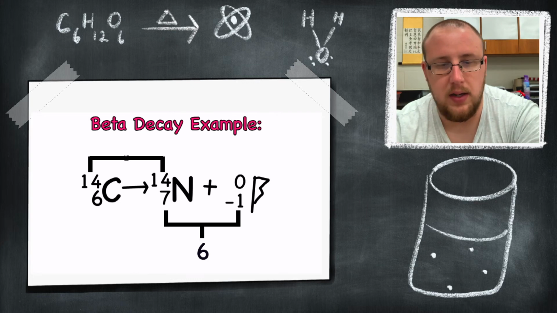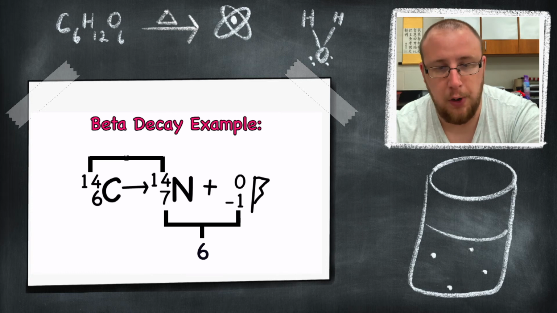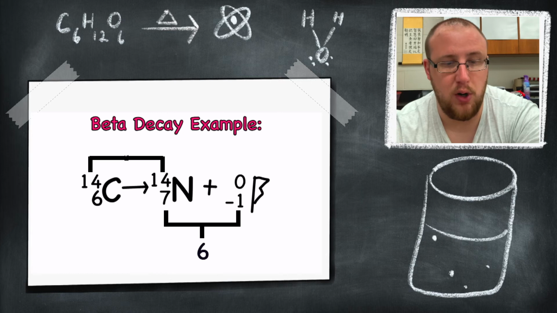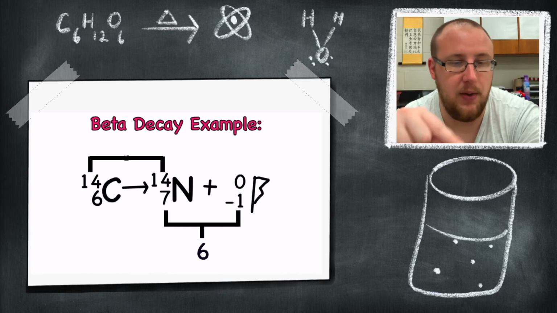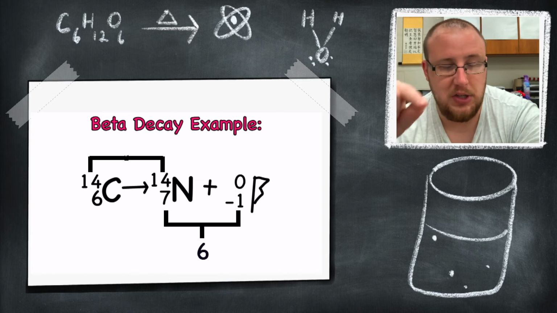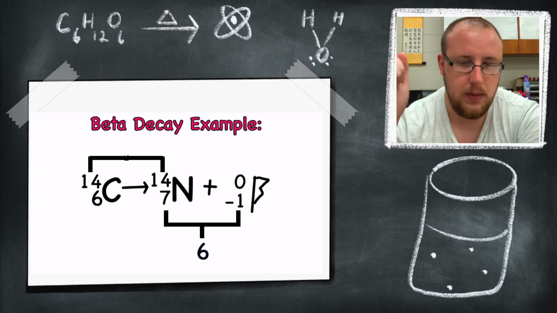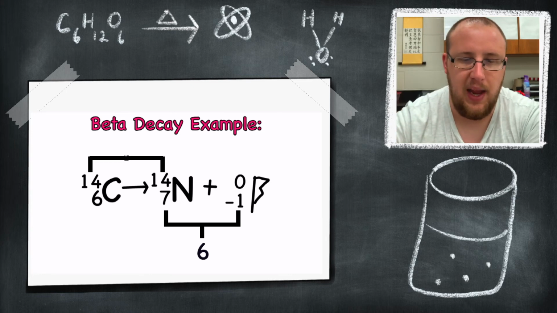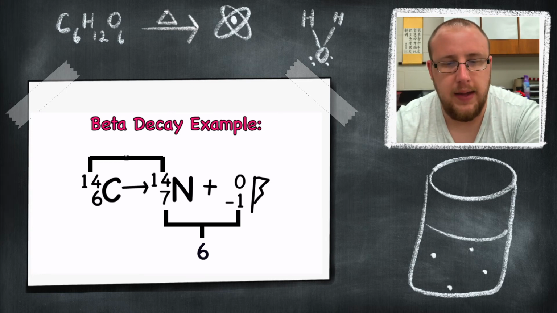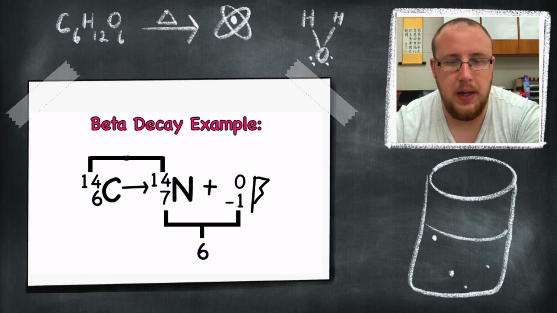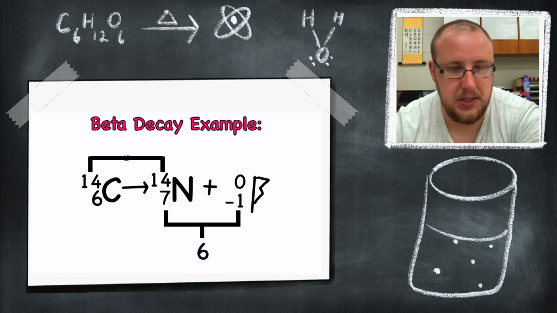Well, if we take our nitrogen 7 and our beta particle -1, that's going to give us 6 protons overall, which is the same amount we have with our carbon. So just remember, everything equals out. The law of conservation of mass goes through on everything. So alpha particle, 4,2 helium, beta particle, 0, -1 beta sign.